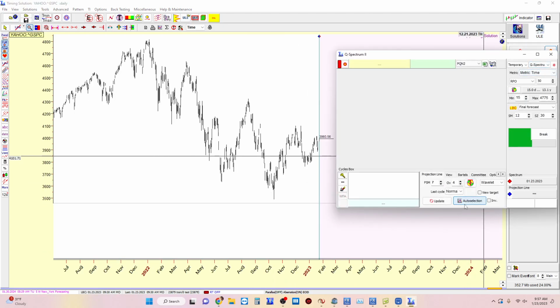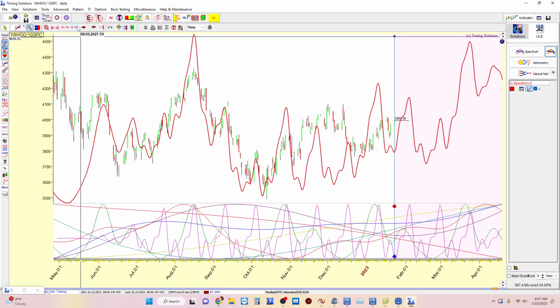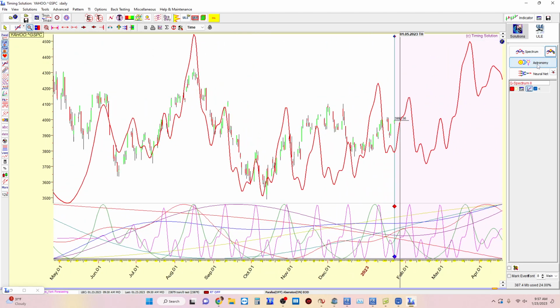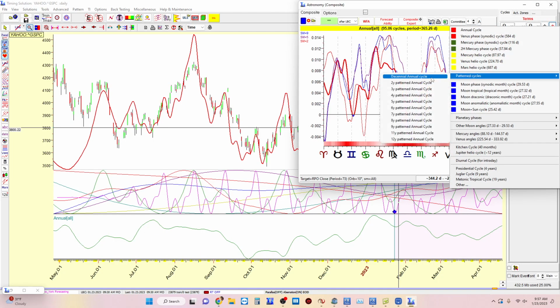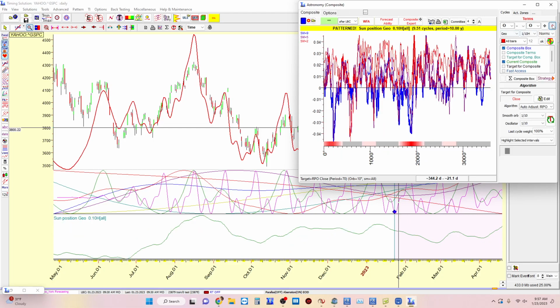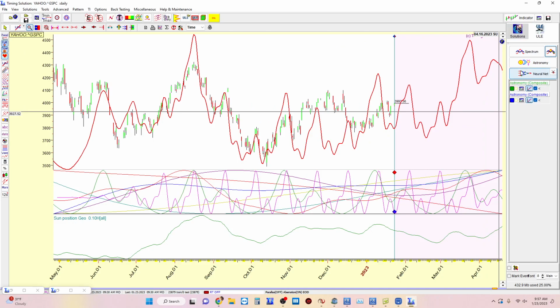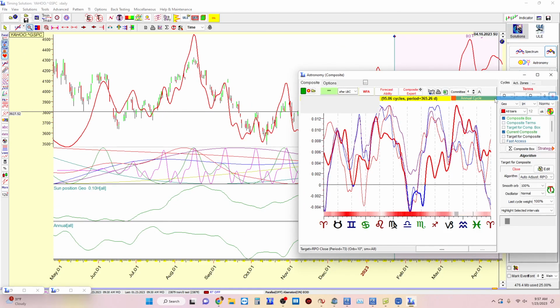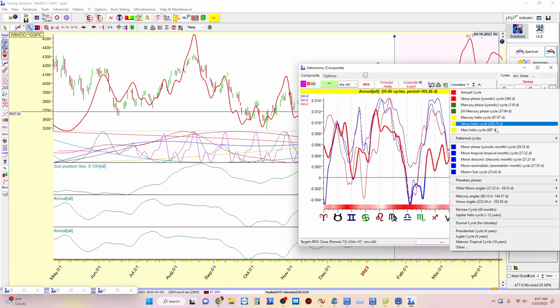So let's go ahead and see what the intra-week cycle forecast says. So this is saying up. We don't know how long that will last. This is saying all the way into February 1st. But if we put the decennial cycle on and the annual cycle and the 4-year, it tells a different story.